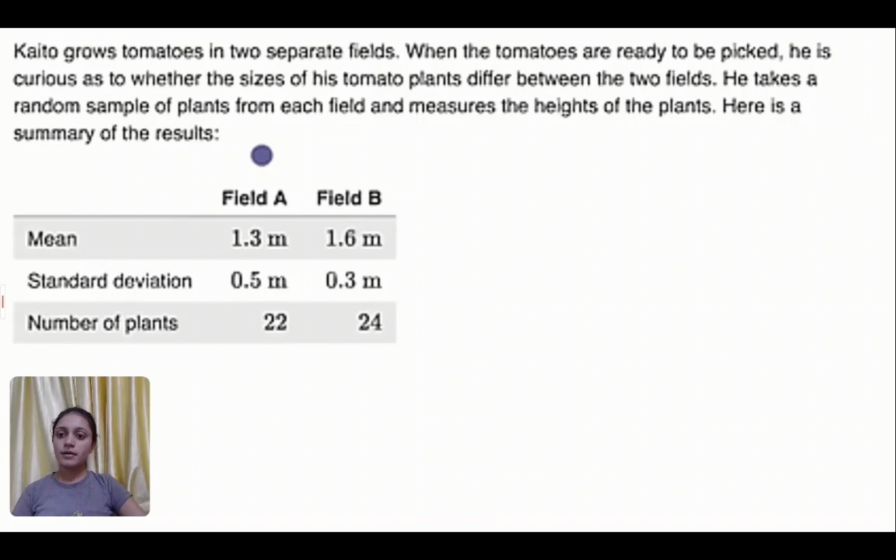In field A and field B, the data given are mean, standard deviation and number of plants. Here, the significance level is 0.05, and the question is whether the tomato plants differ between the two fields.